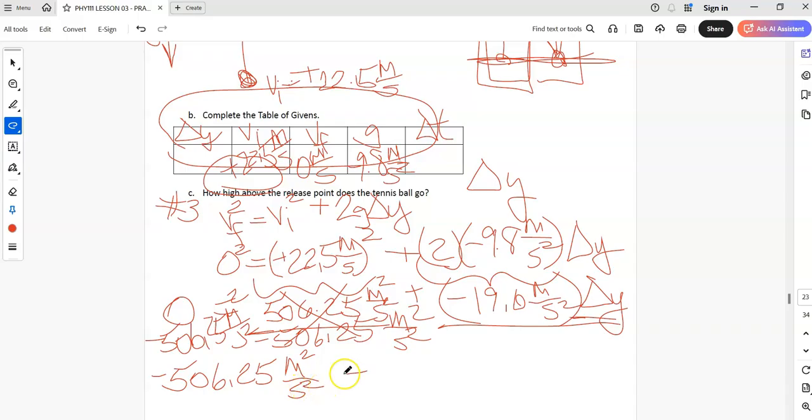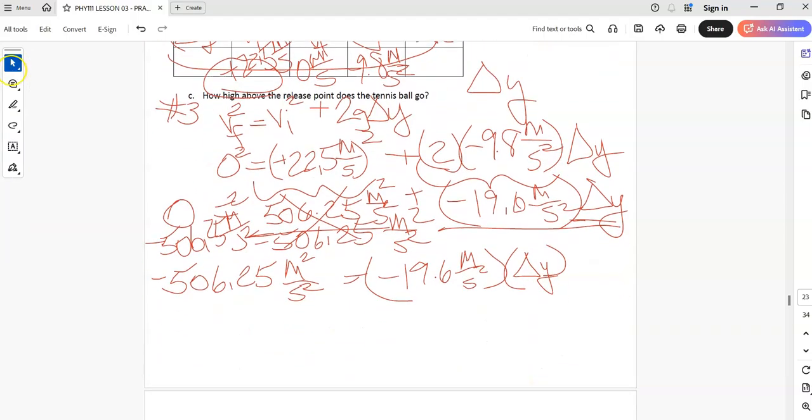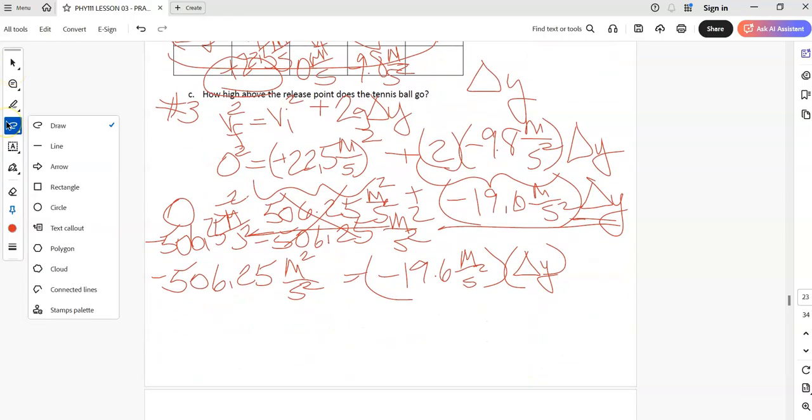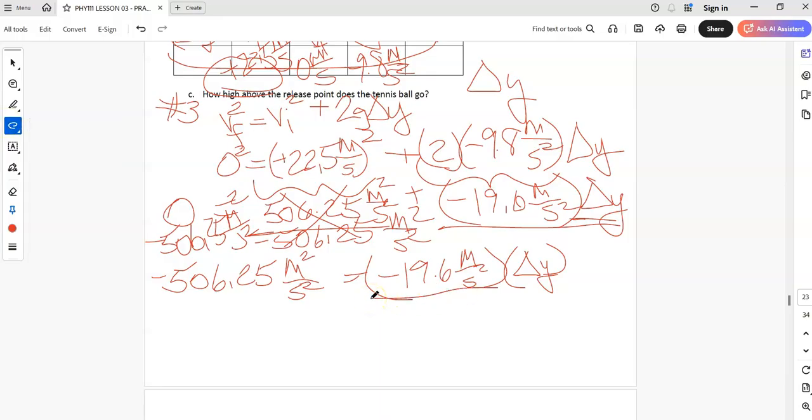We're not going to really worry about the units because we know we're going to be determining how high it is. So our answer is going to be in plus or minus meters. And then this is times minus 19.6 meters per second squared times delta y. Well, now it's really just a matter of getting rid of the minus 19.6, what's being multiplied by delta y, so we divide it away, basically, and we have to divide it on both sides, so minus 19.6 here, meters per second squared.